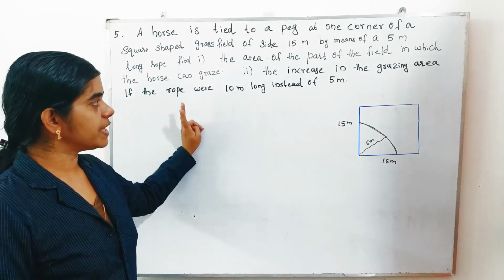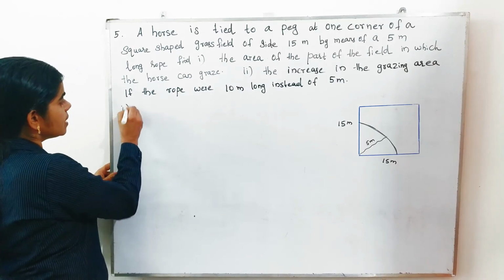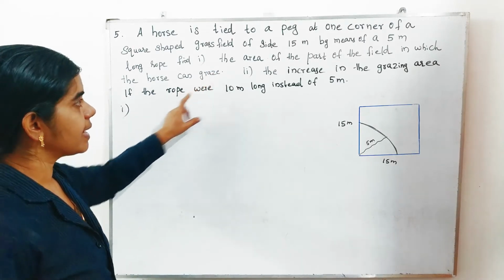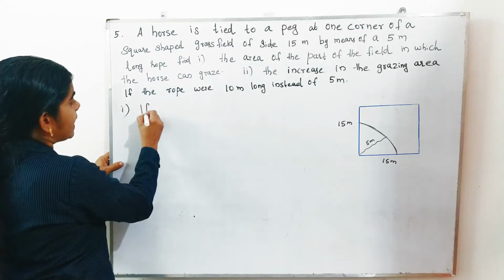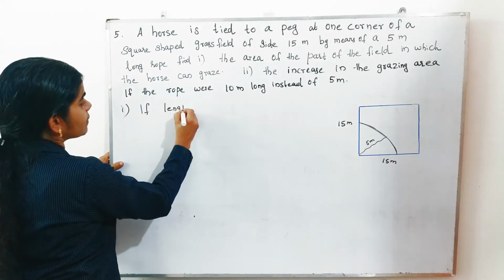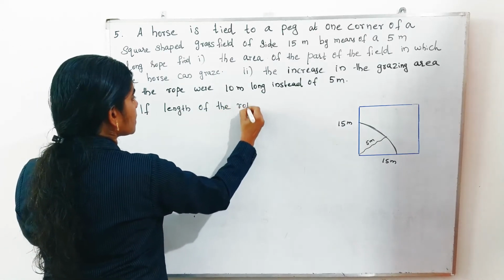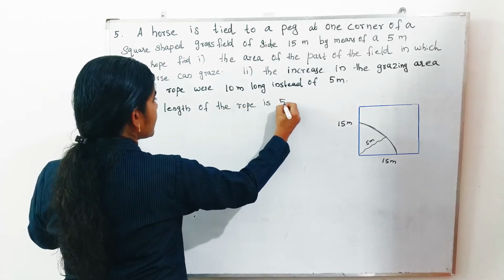Then first we can find the area of the part of the field in which the horse can graze if the length of the rope is 5 meter.